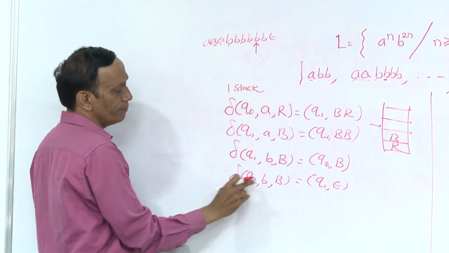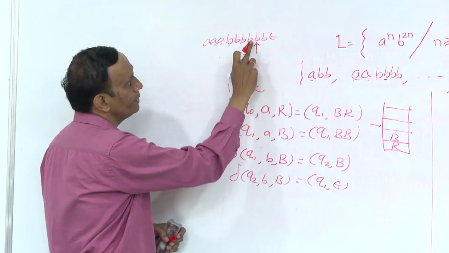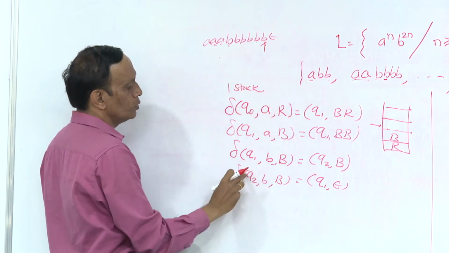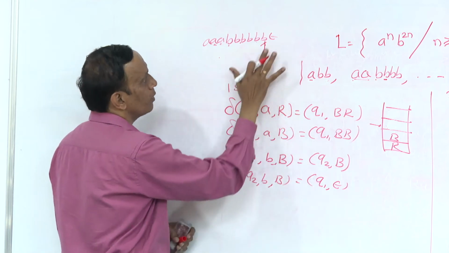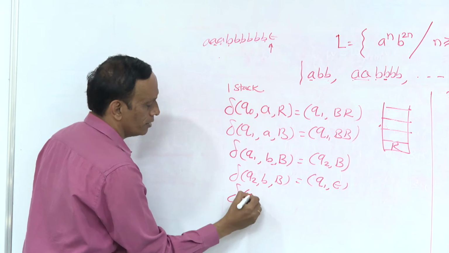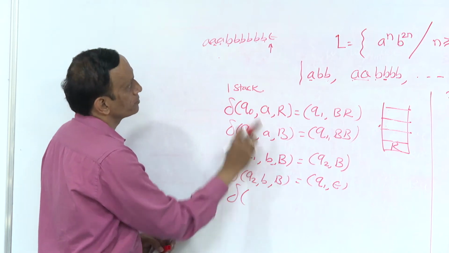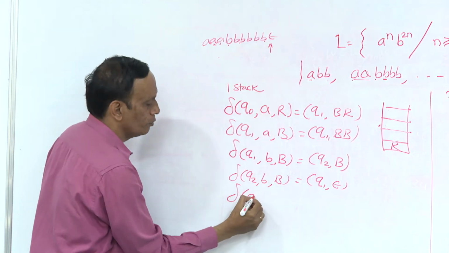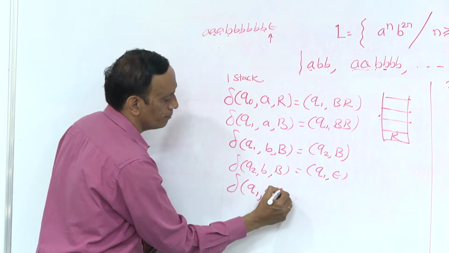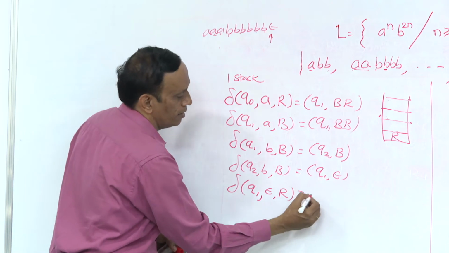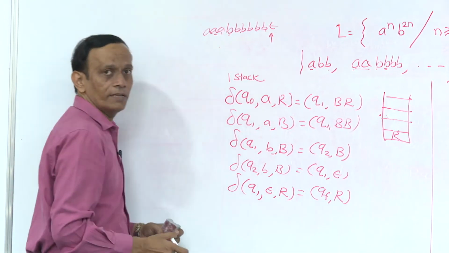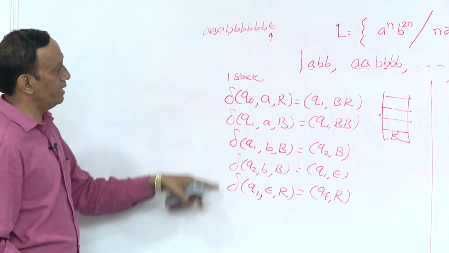Again Q1 BB, so it would be Q2 B. It is skipping. Then Q2 BB, now it is popping, and it will reach here. So this is popped. Lastly, when all of them are popped, you will always be in Q1. Then there is nothing but R, and ultimately it enters the final state. That is how you define the PDA using one stack.